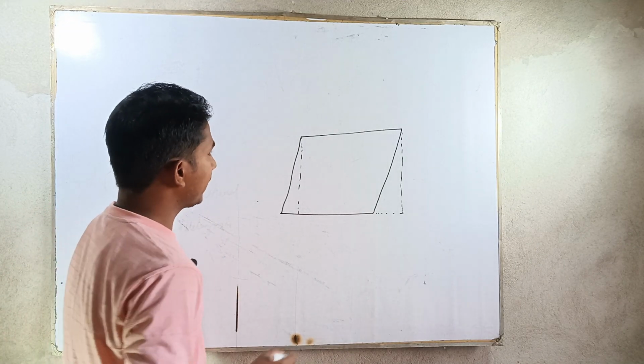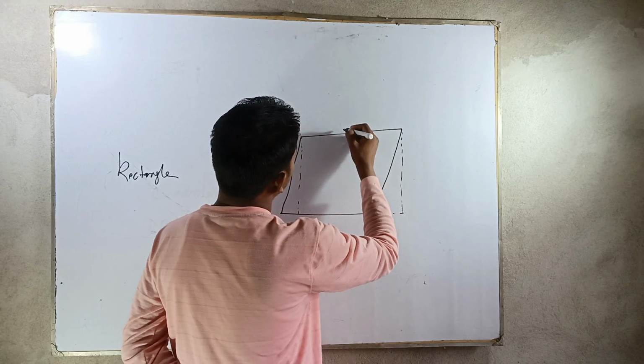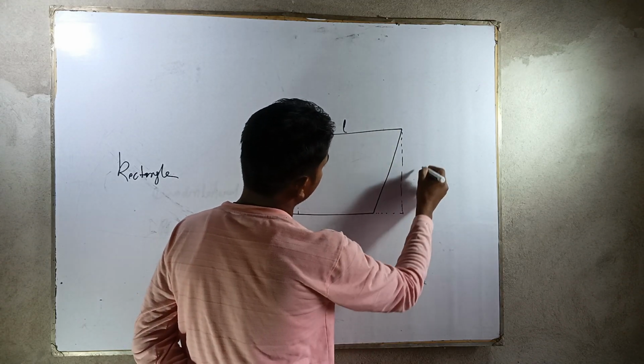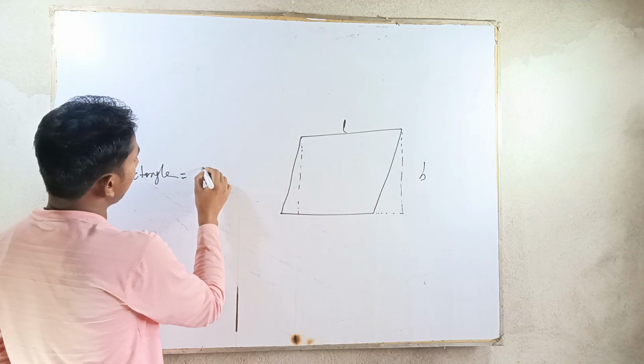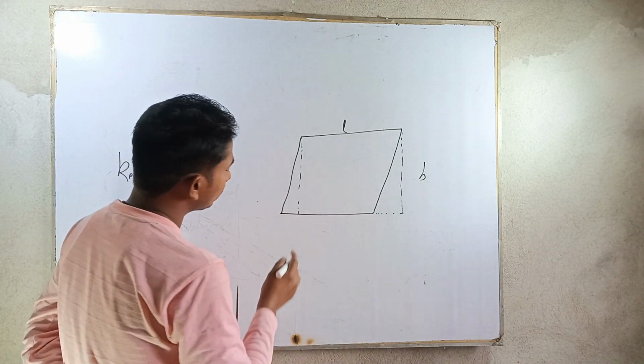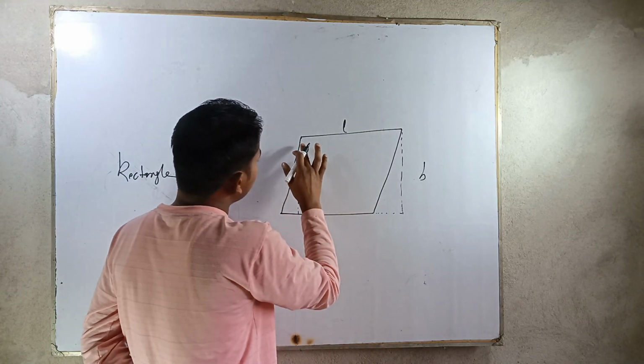If the length and width of a rectangle are given as L and B, then I can find out its area as L into B. Suppose this is not in a rectangle shape.